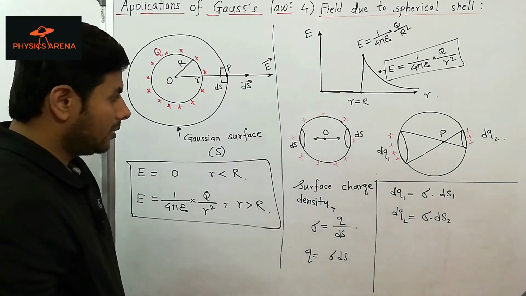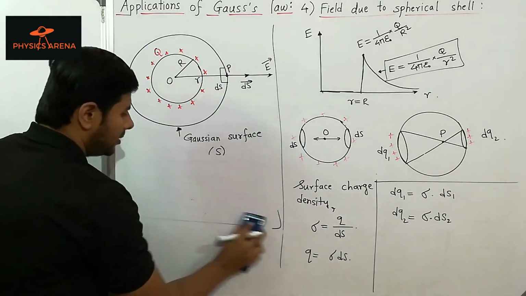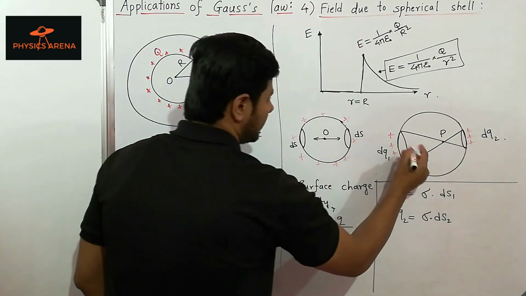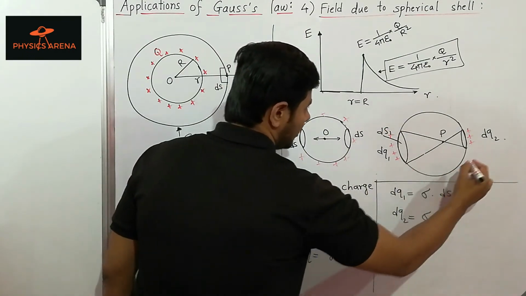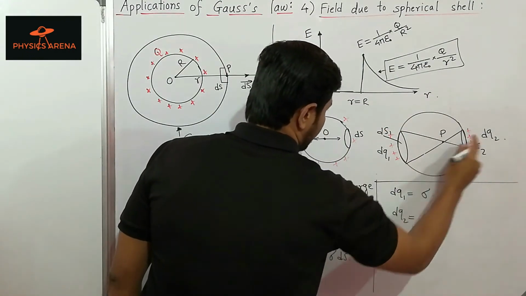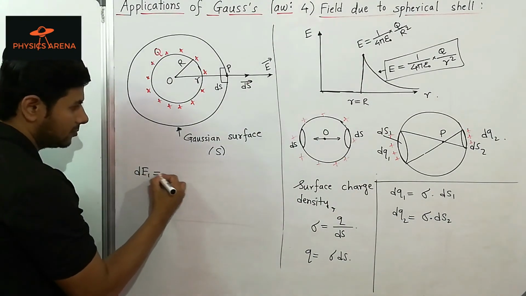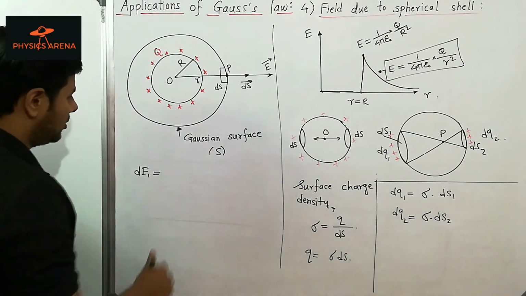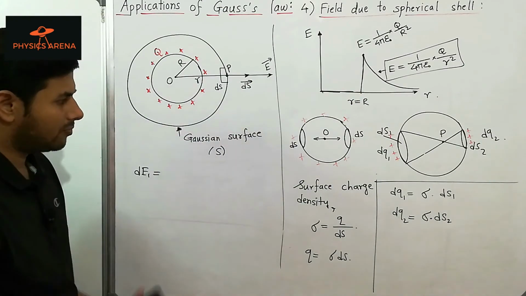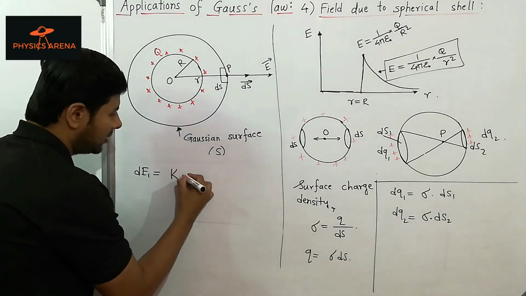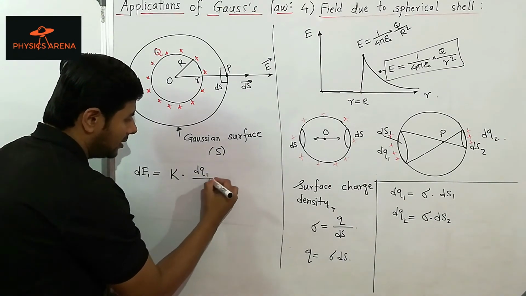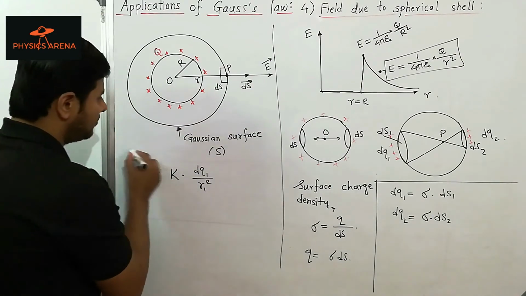Okay, then what is the electric field due to this surface, let's say ds1, at this point? So dE1 is equal to 1 over 4 pi epsilon naught, we can say it's a constant k, times dq1 divided by r1 square.